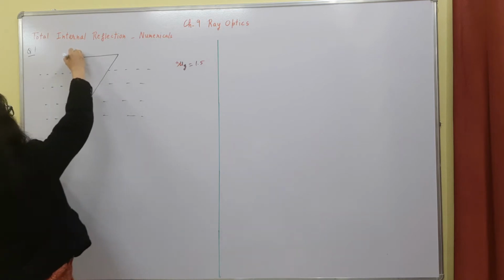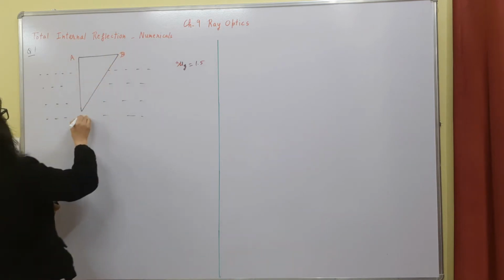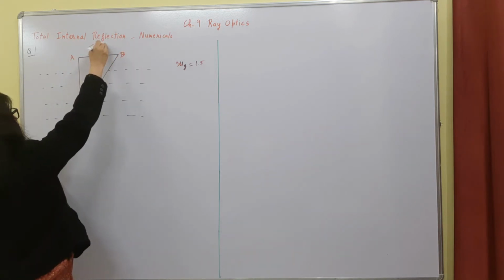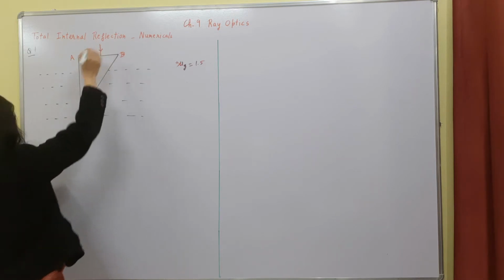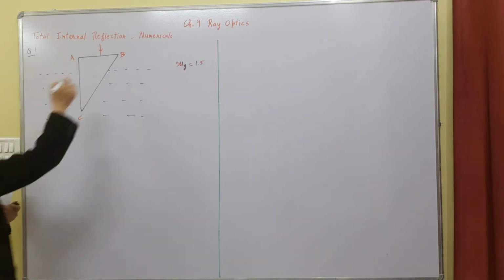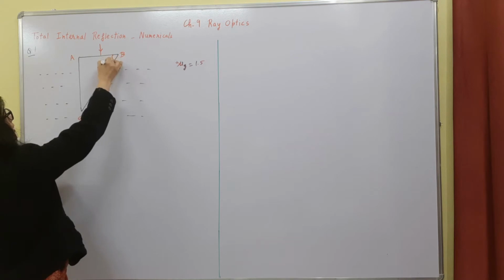This is face AB and the ray of light is incident normally here. It is given in the question. This angle is given 60 degree.